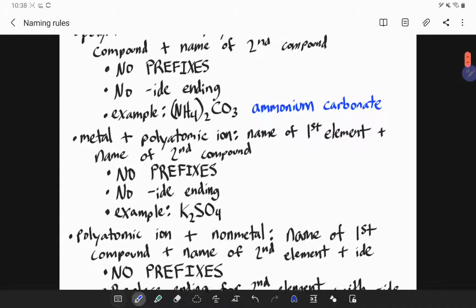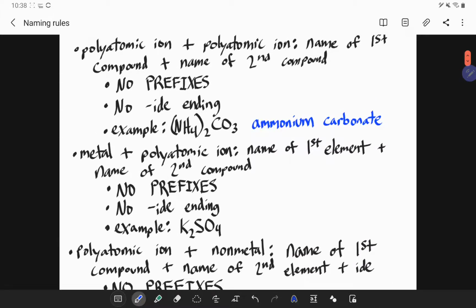Next, really just as simple, we have a metal bonded to a polyatomic ion. The polyatomic ion is still the second part of the word. So here, it's pretty much the same rules as the previous question. We are going to write down the name of that metal and then the name of the polyatomic ion, and that is all we are going to do. Again, no prefixes, no IDE ending.